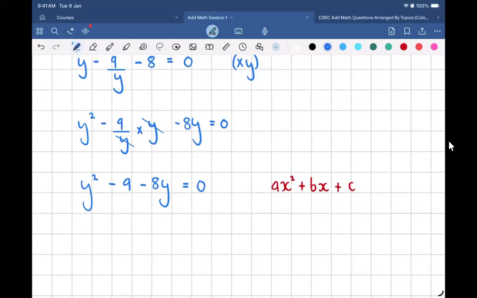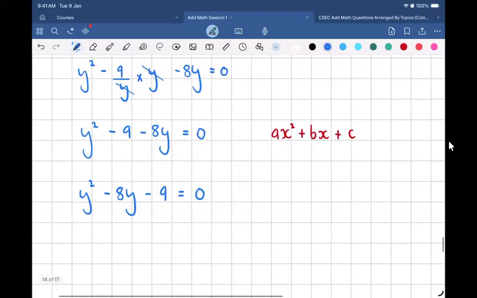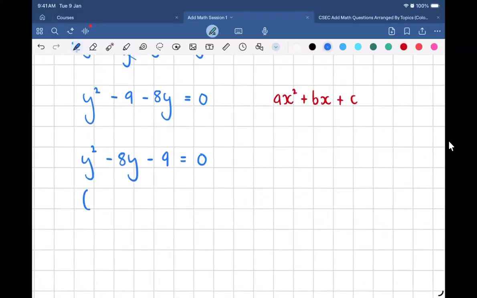So if I want to put this in this exact form, I would need to write y squared first. What should I write after y squared? -8y. Yeah, minus 9. Okay, so now we have to see if it's factorizable. To get y squared back, I would say y by y, right? And I'm going to ask you to look at the last term. The last term is -9. How could you multiply to get -9, but add to get -8?